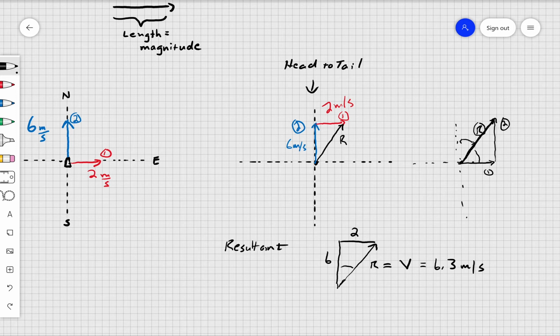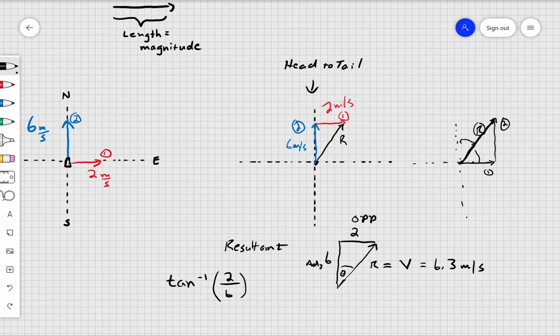So finding this angle, that is opposite and adjacent, that's a tangent function, but I don't want the tangent of that angle, I want the angle in degrees. So that is an inverse tangent function of opposite, which is 2, over adjacent, which is 6.